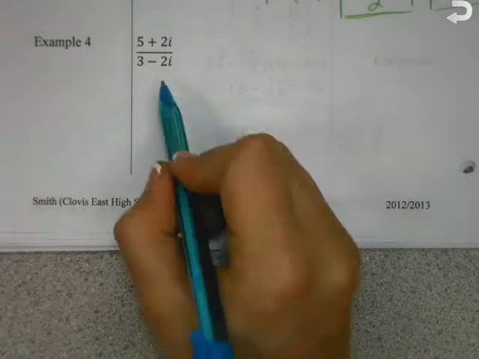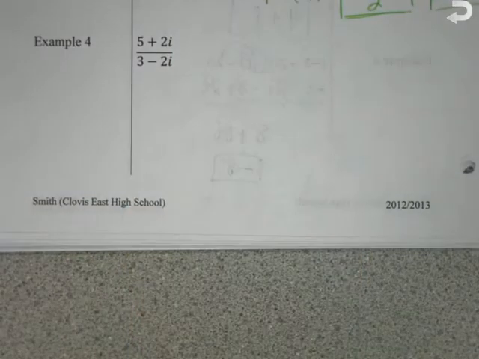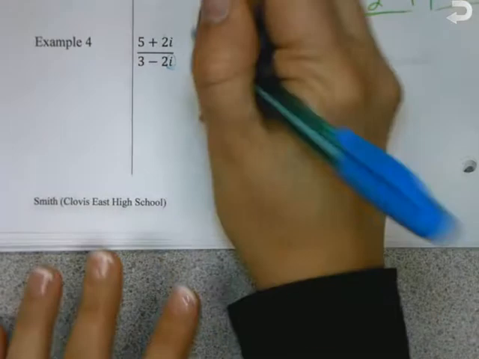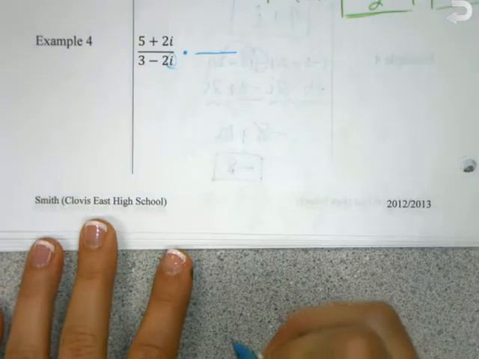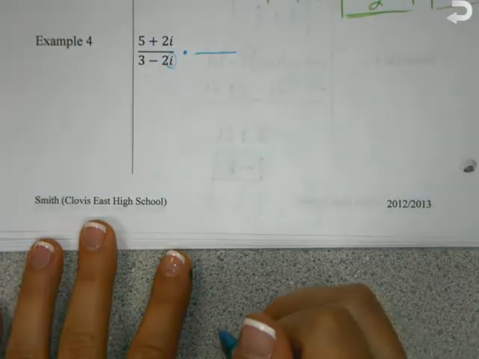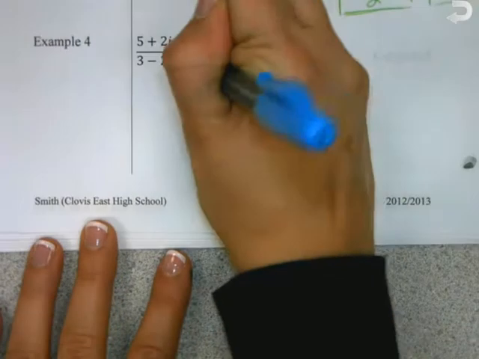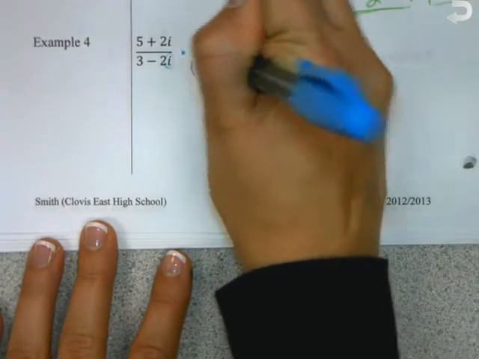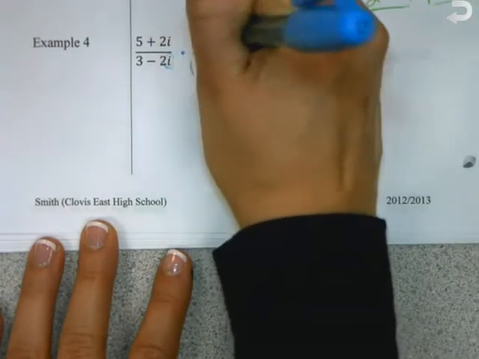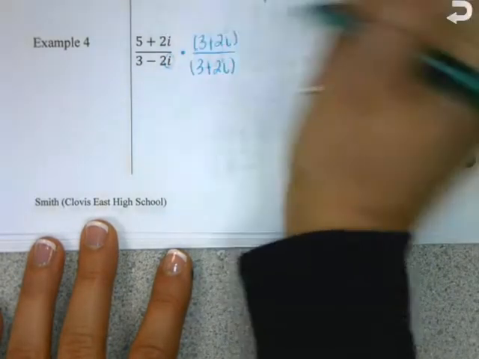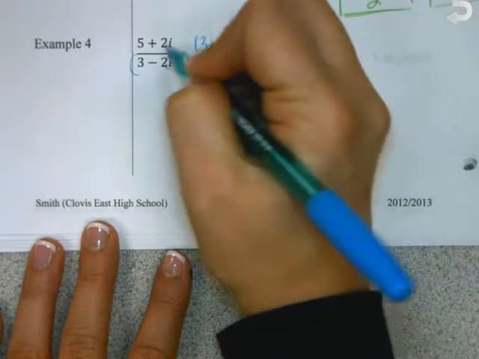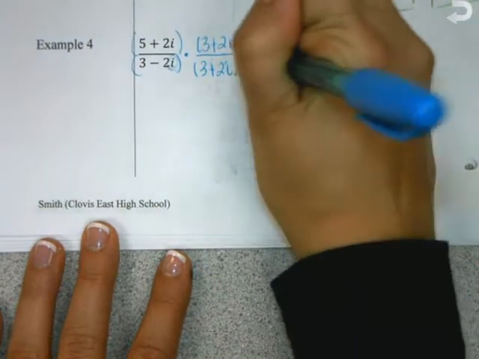So that's going to be 3 plus 2i, and 3 plus 2i on the top as well. So this time you're doing FOIL or box on both the top and the bottom. I want you guys to try finishing it by yourselves. We will see what you get.